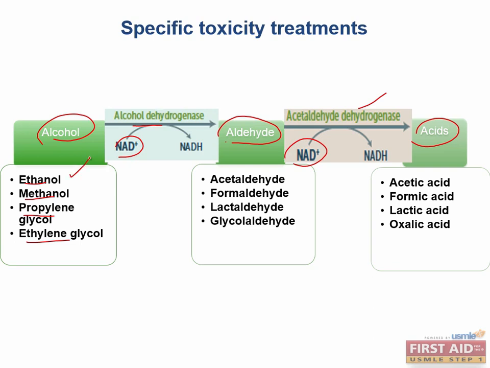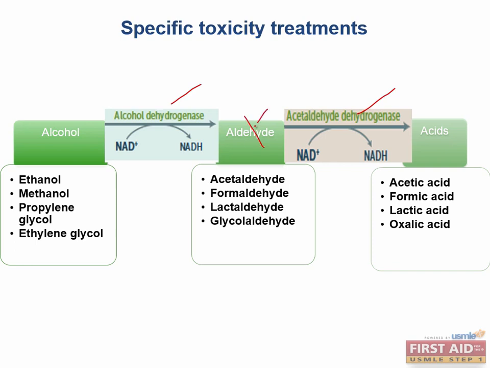It is when the alcohols are metabolized into aldehydes and acids that we get these problems that kill people. Now, you can treat overdoses on these alcohols by preventing these two enzymes from creating those harmful aldehydes and acids. We don't want these. How do we inhibit alcohol dehydrogenase?